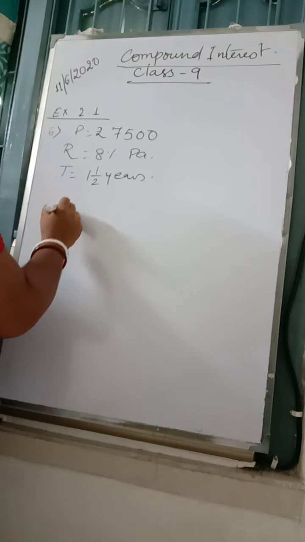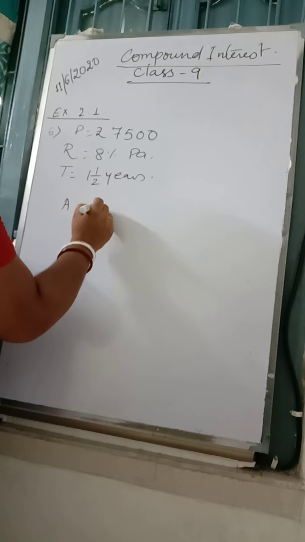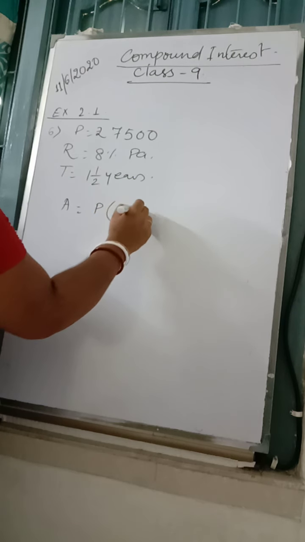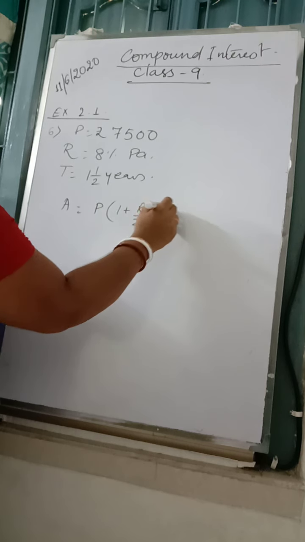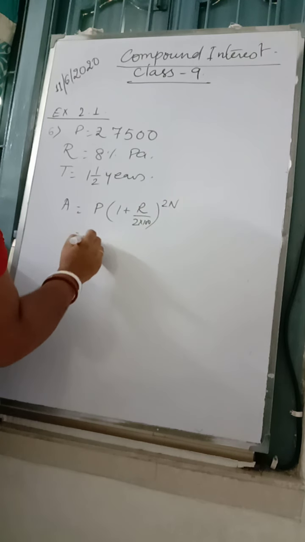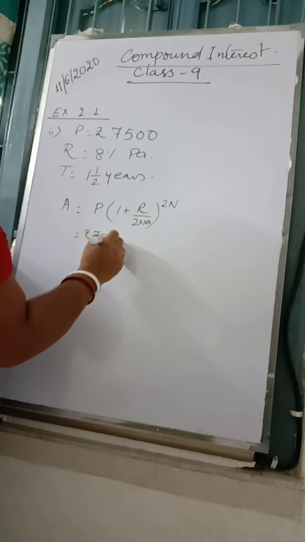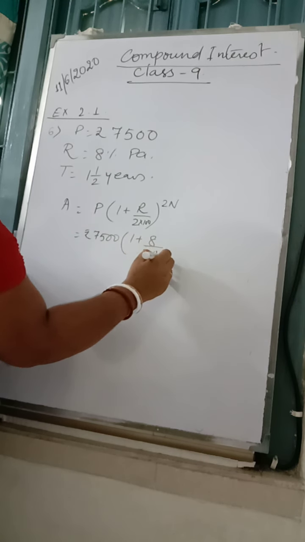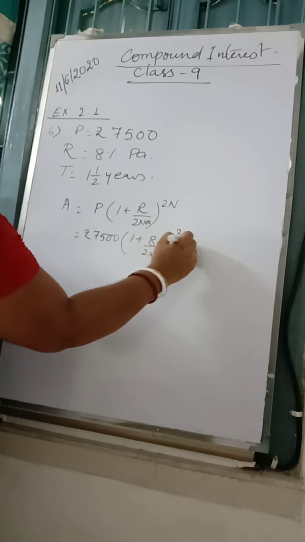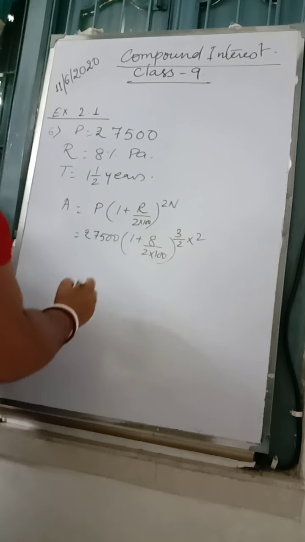Now A will be P into (1 plus R by 2 into 100) to the power 2n, so we'll write rupees 7,500 into (1 plus 8 by 2 into 100) to the power 3 by 2 into 2.